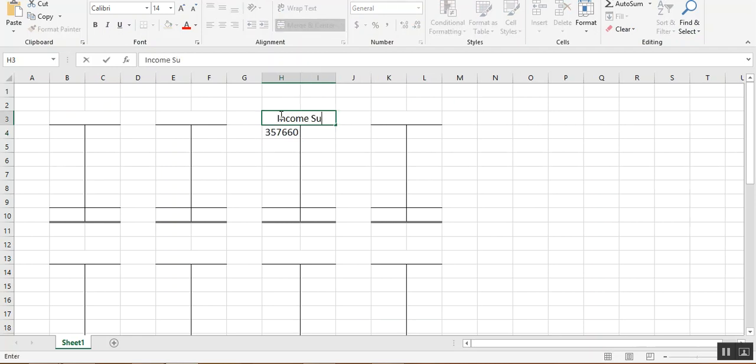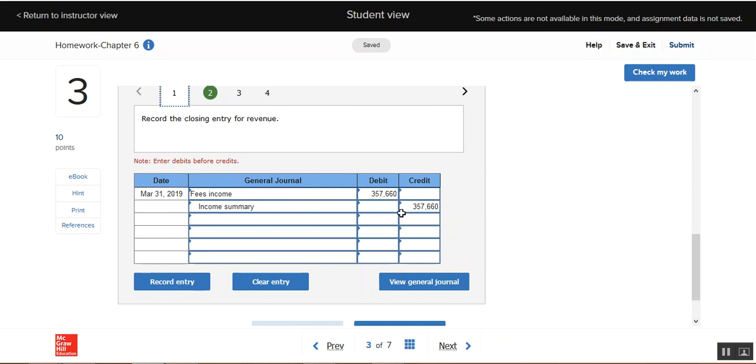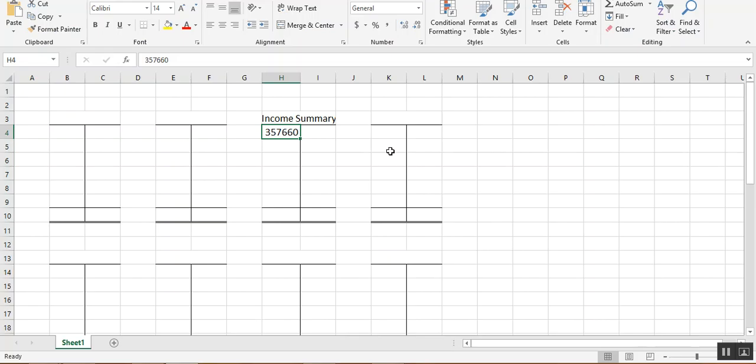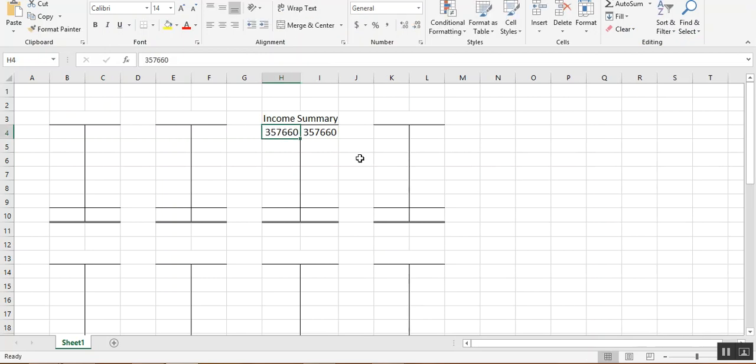Let's make that income summary, and whoops, it should be a credit. Just move it over there. All right, so there's my T account, $357,660, and that was where I closed out my revenues.